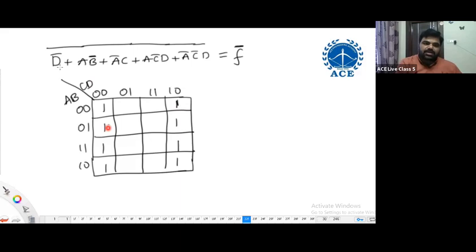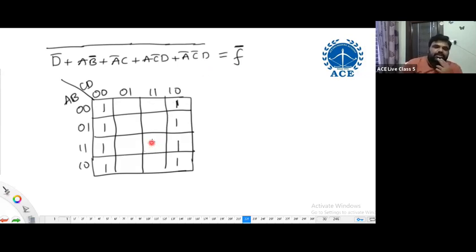So D equal to 0 region, AB 00, 01, 11, 10, and C also 0 and 1. This is the region for D bar. Any questions? I am writing the K map for this F, assuming it is F bar.